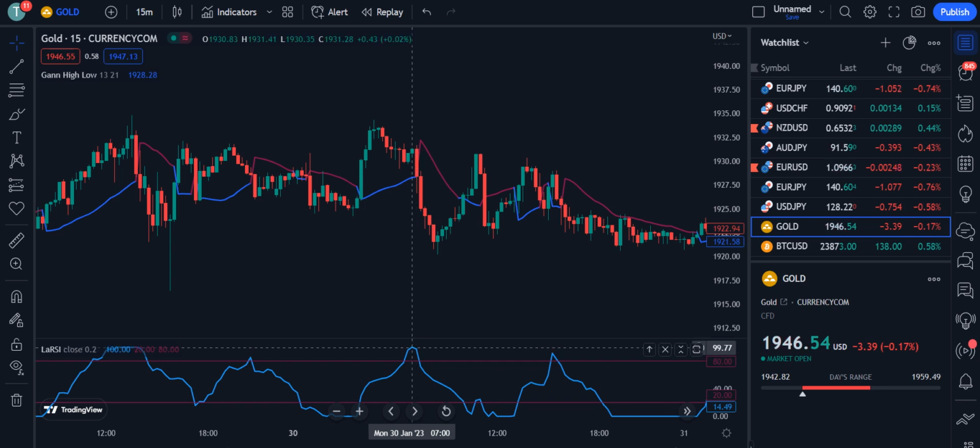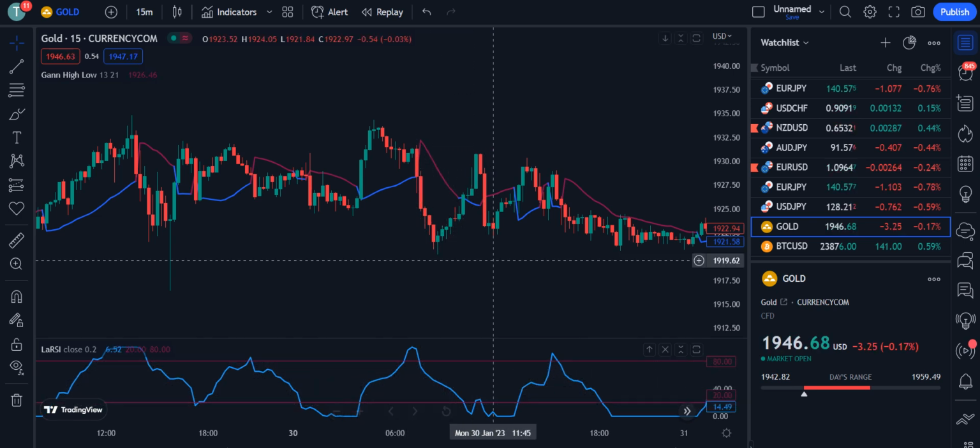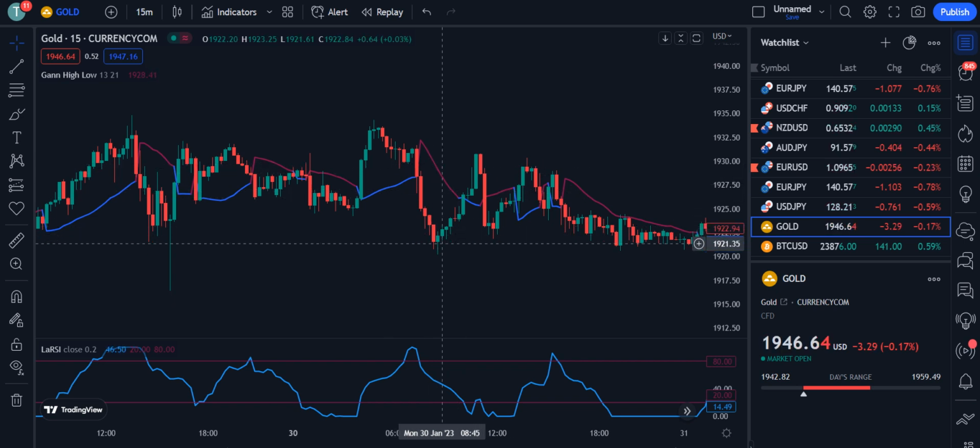We have to take our trade for the downtrend, for the bearish trend, as the market is going to take a trend reversal. So from here we enter the market for the bearish pattern, and we take the trade, as you can see, from here till here.